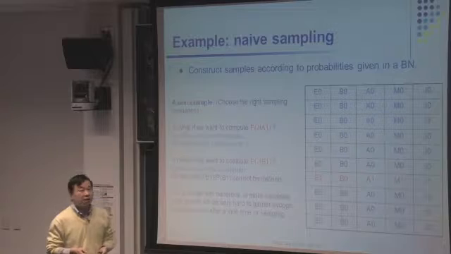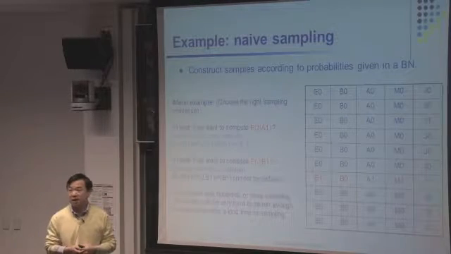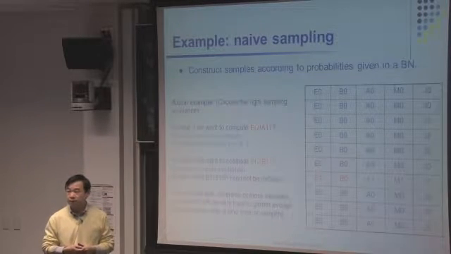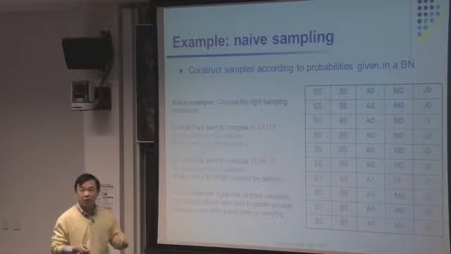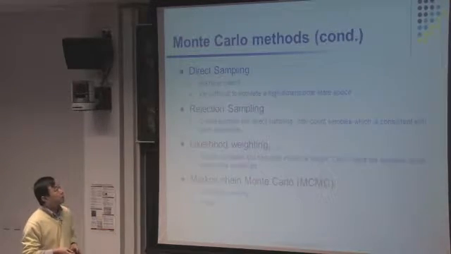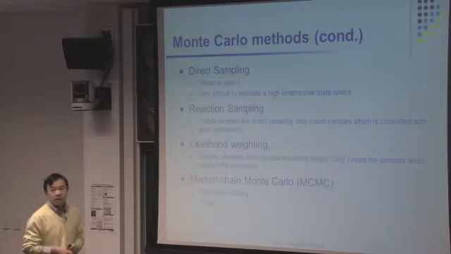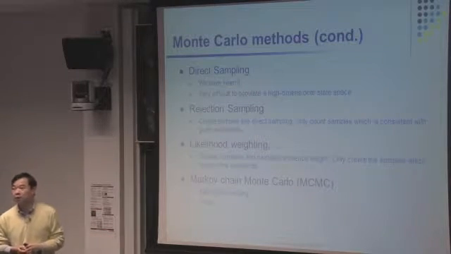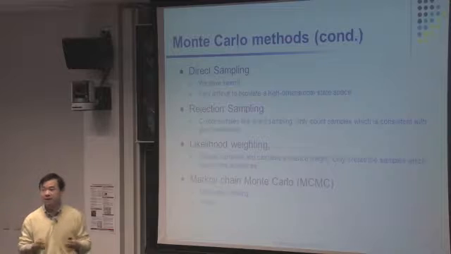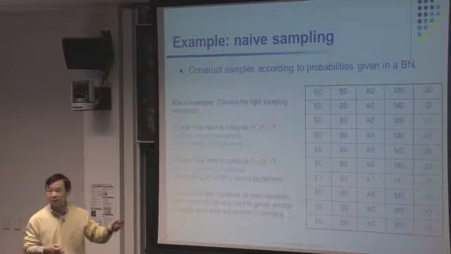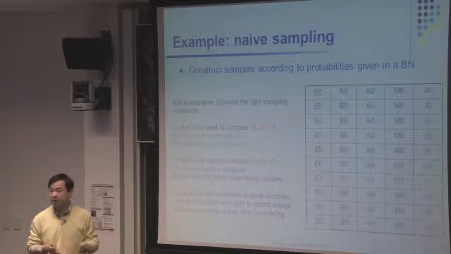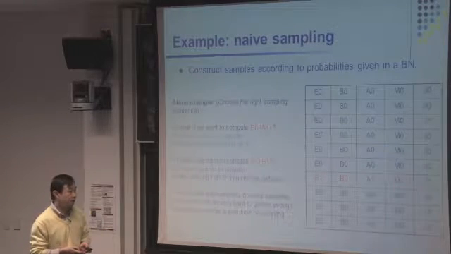Which means that this sampling method is pretty ineffective, right? You need to draw a lot of samples, and at the end of the day, a few of them will actually be useful. All right, so that basically opens a need for developing fancier methods. In fact, that's even in the case where the sample can be easily generated. What if the sample cannot be easily generated in that way?